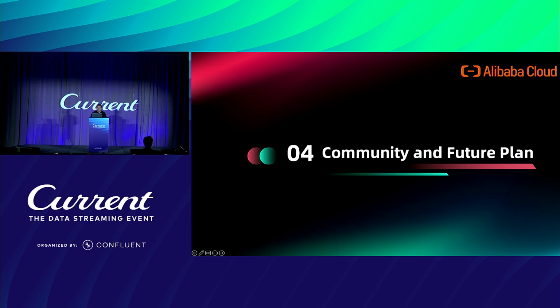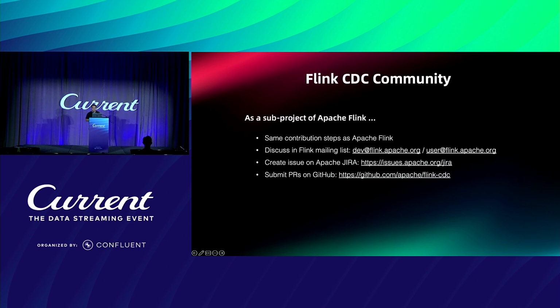Okay, Flink CDC has been an open source project from day one. The last part I want to share is the community status and our future plan. Flink CDC is now a sub-project of the Flink community. We follow the same contribution steps, mailing list, and issue management as Apache Flink.